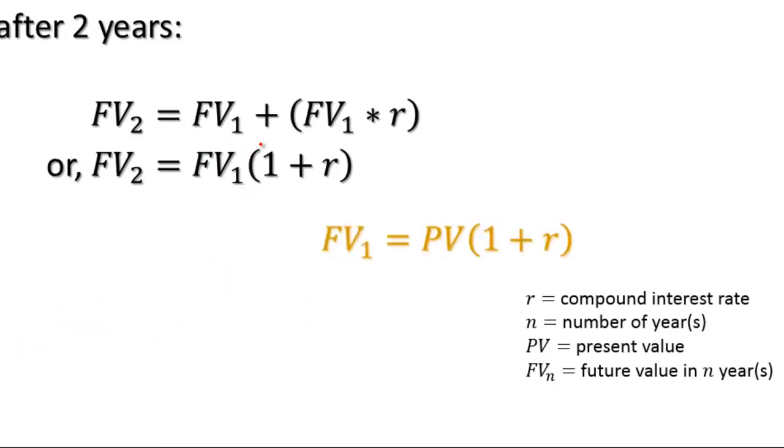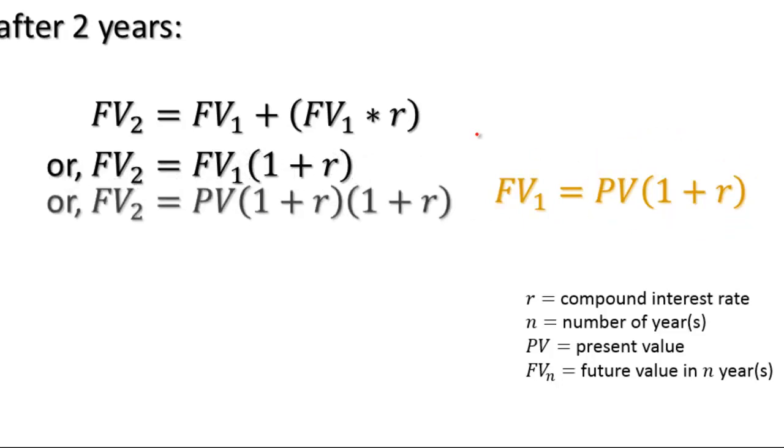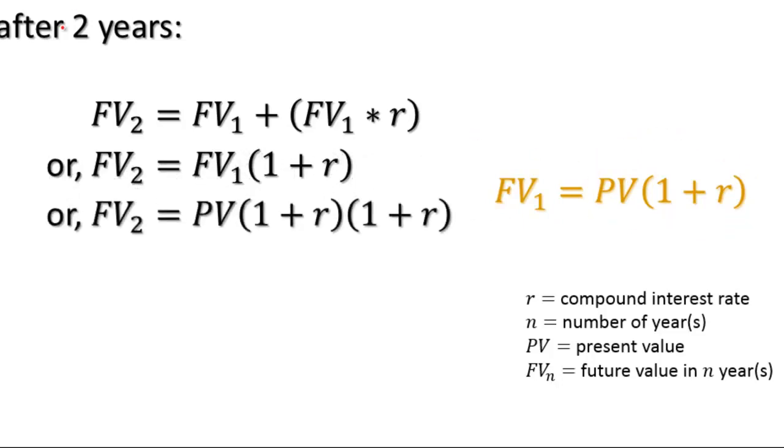So previously we have seen that FV1 is equal to PV times (1 + R). Therefore we can replace this FV1 by PV times (1 + R). If we do so, then we get that FV2 is equal to PV (1 + R), which is replacing this FV1, and another (1 + R) came from the previous expression.